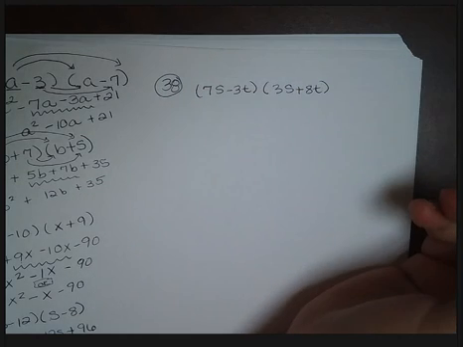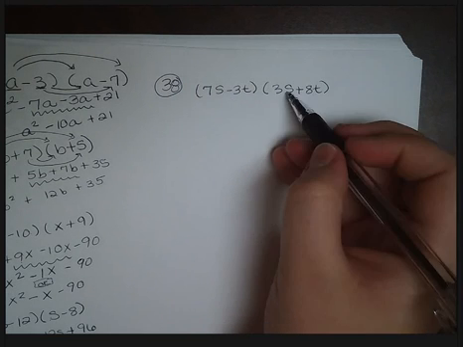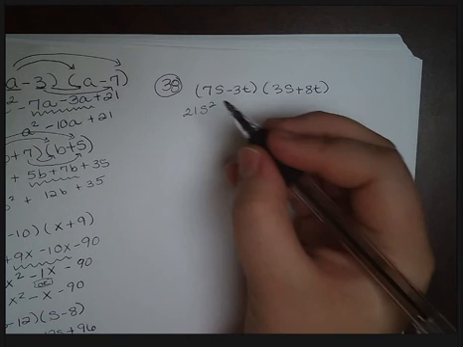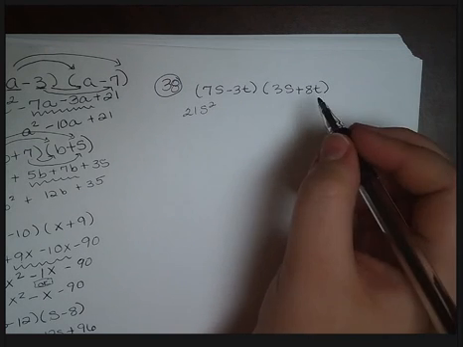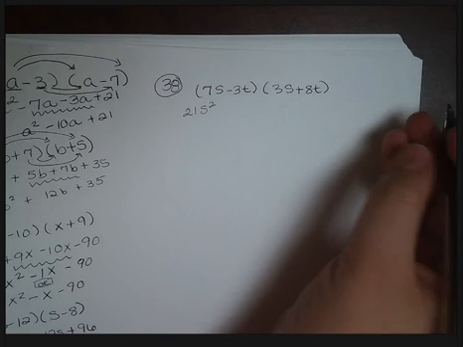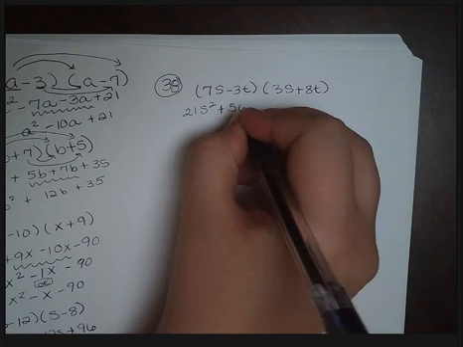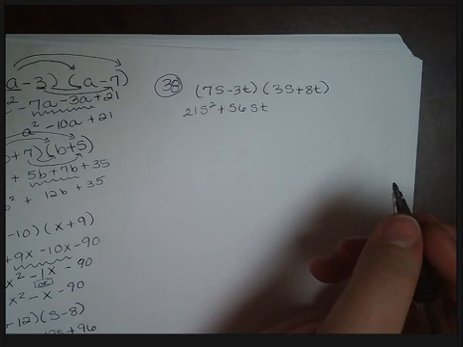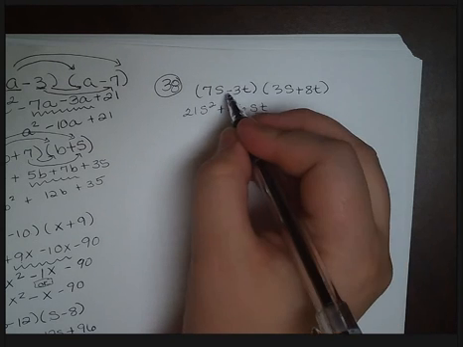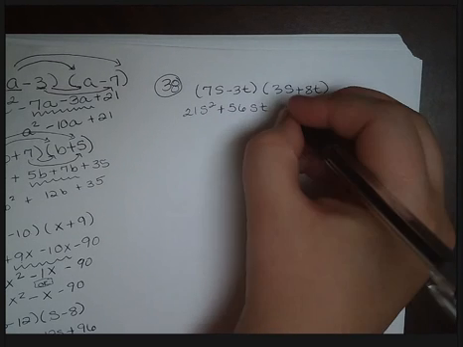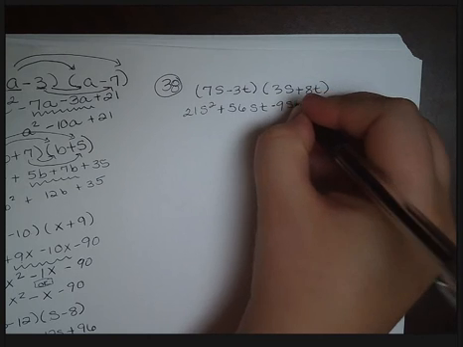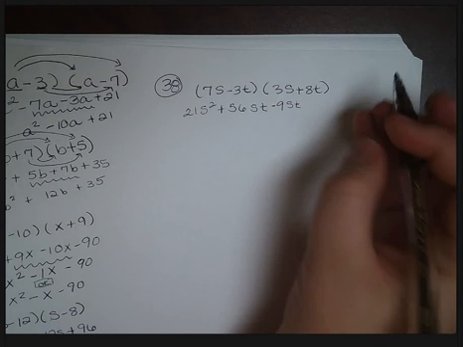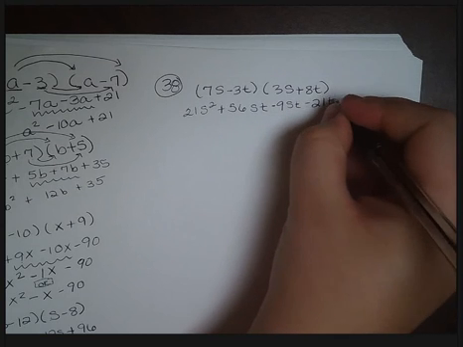Okay, so 7s times 3s is 21s squared. 7s times 8t is 56st, and you want it to be alphabetical, so that's why I put the s before t. Negative 3t times 3s is negative 9st, and then negative 3t times 8t is negative 21t squared.